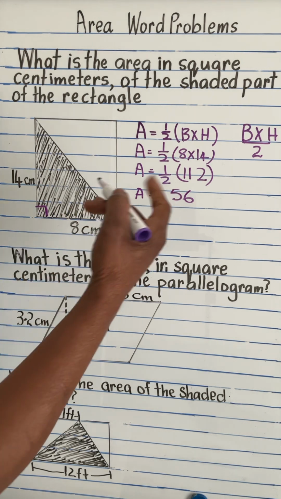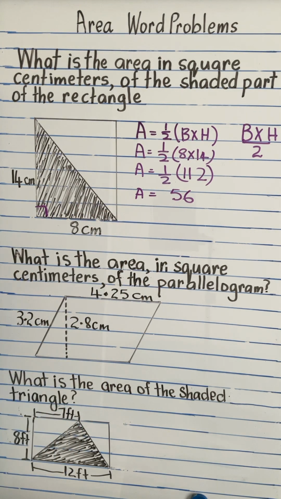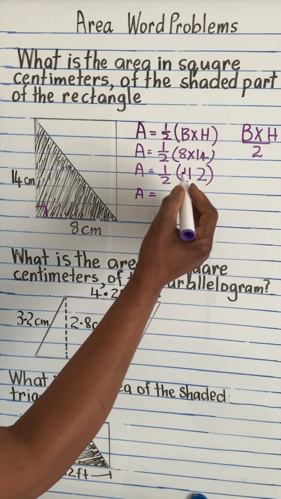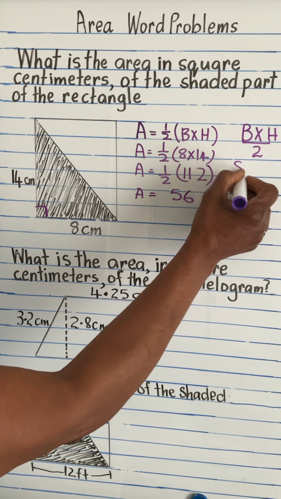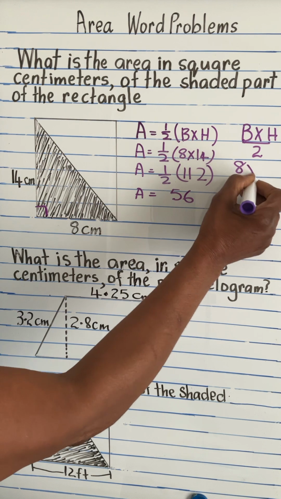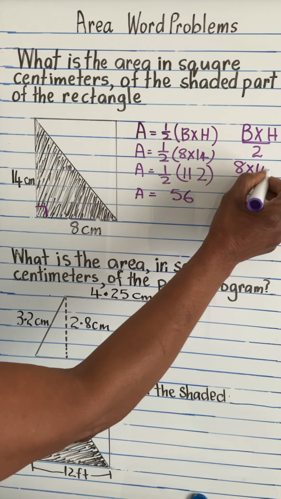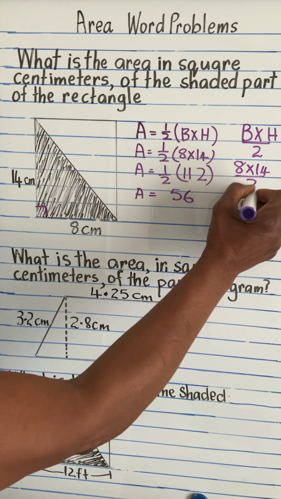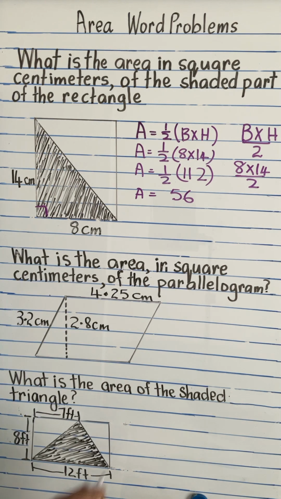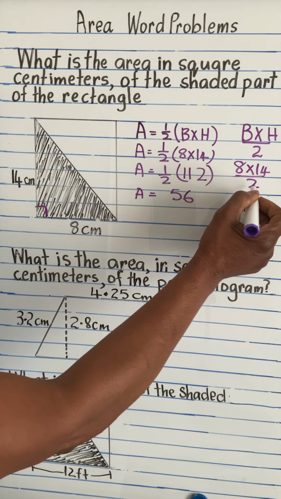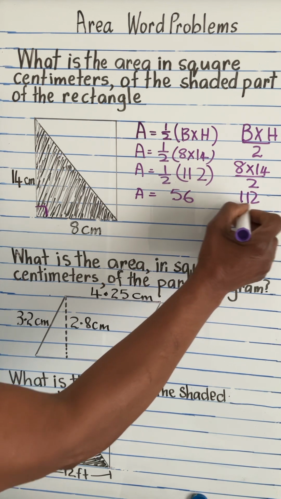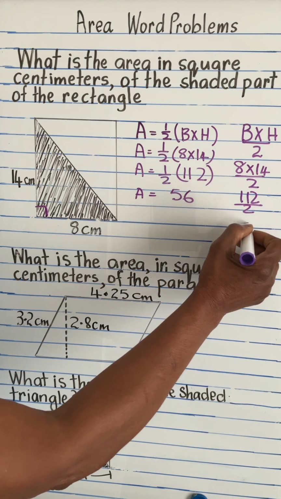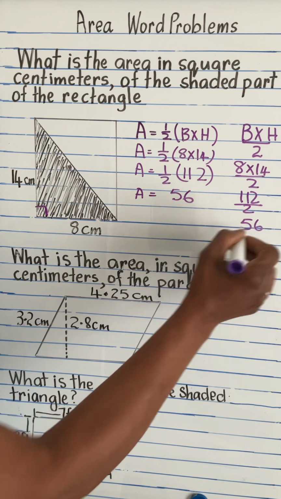And if we use the formula base times height divided by 2, that would be 8 times 14 divided by 2, and 8 times 14 is 112, divided by 2, and that gives us 56.